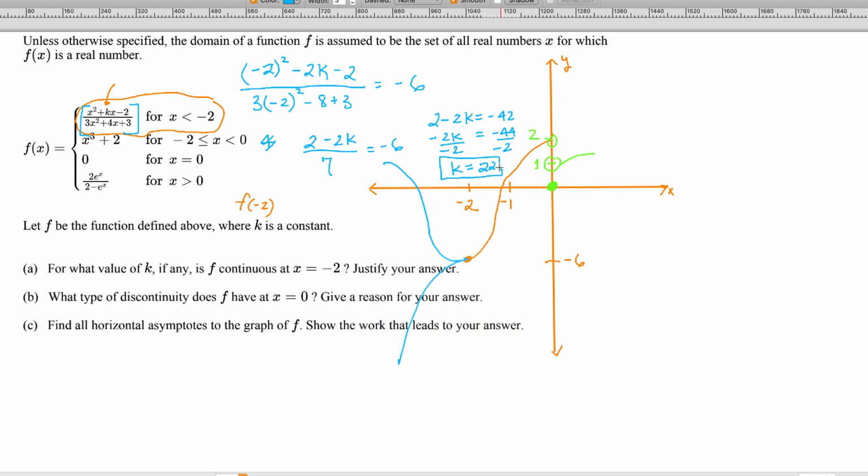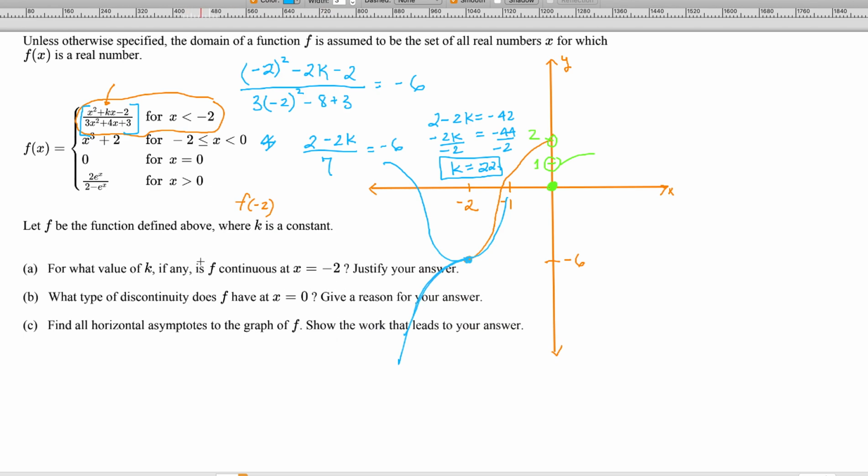Once I have k being positive 22, I know that that's a value that's going to make this continuous. If k is 22, then it either looks like this or like this, but it meets at that -6 value, and it actually is continuous as I go along here.